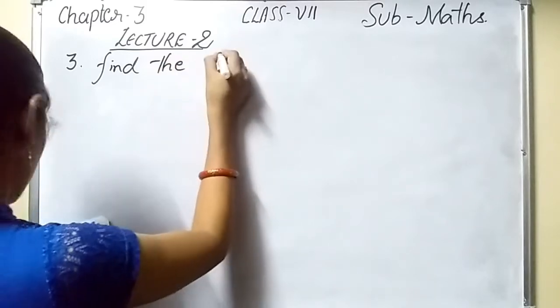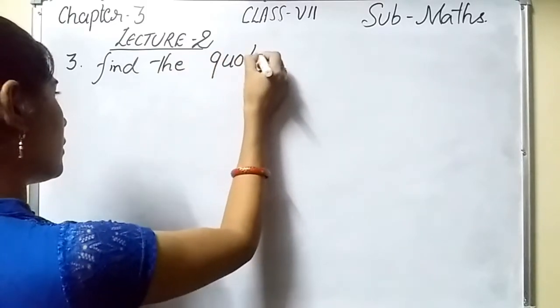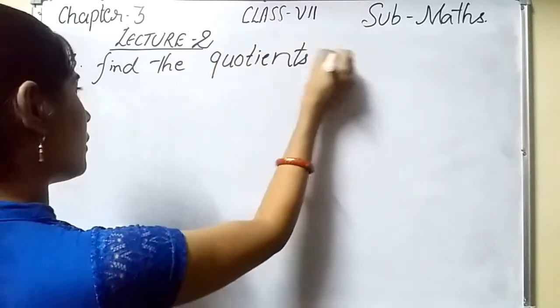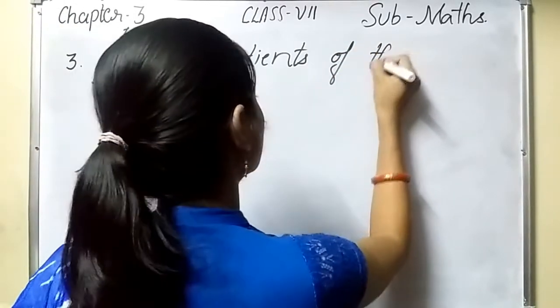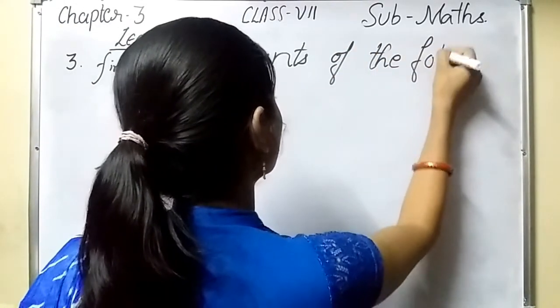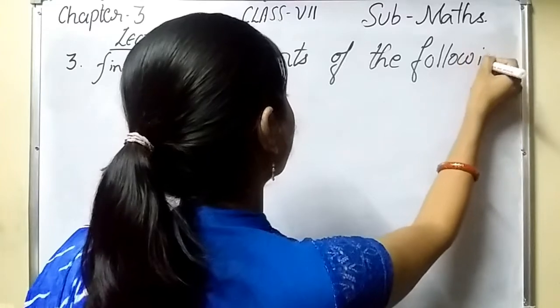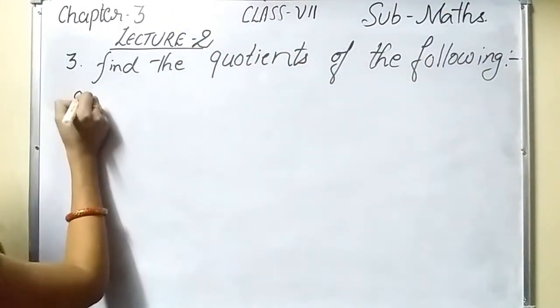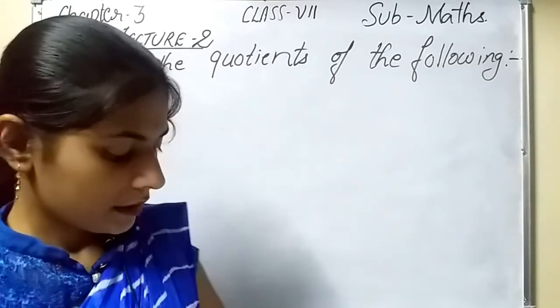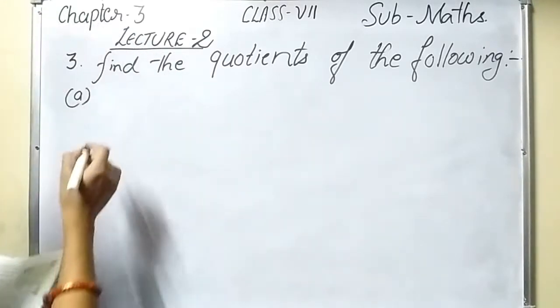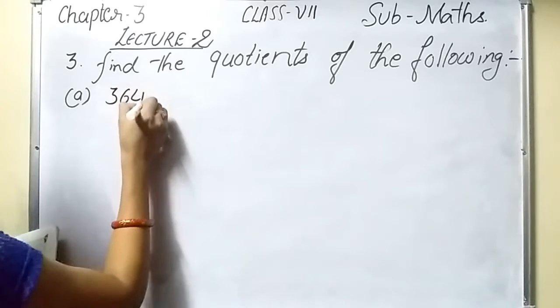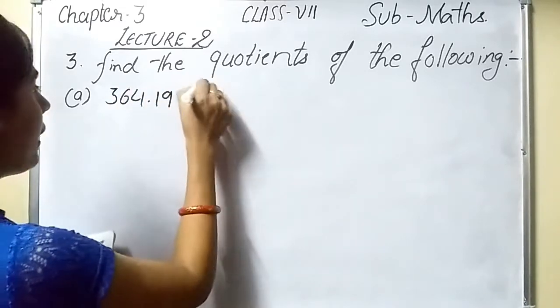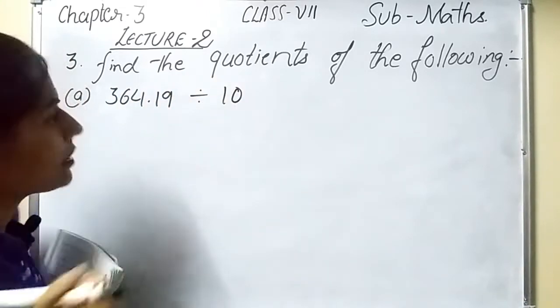Find the quotients of the following. Question number 1, A: 364.19 divided by 10.